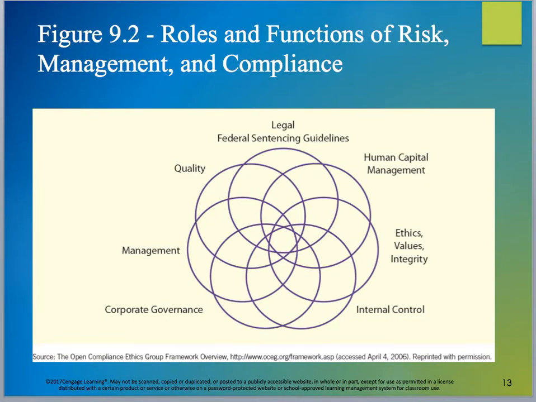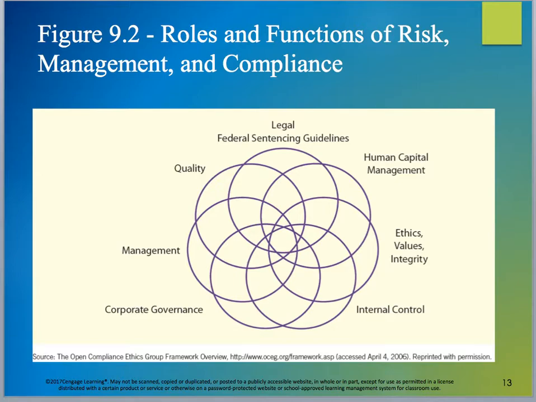Figure 9.2 shows you the roles and functions of risk management and compliance. You see you have your legal, which is the federal sentencing guidelines. You have your human capital management, which are your people. Ethics, values, integrity, which is the core of your organization. Your internal control system, the mechanisms that you use to maintain and measure within your organization.